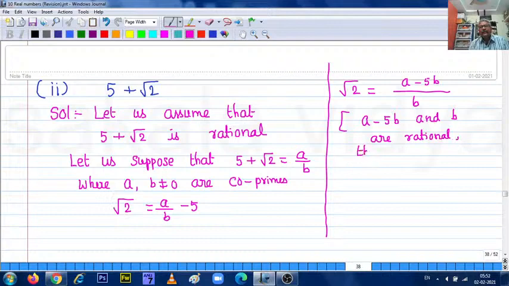Then a minus 5b by b is also rational. But root 2 is not rational, it is irrational. Therefore, we are getting irrational is equal to rational.